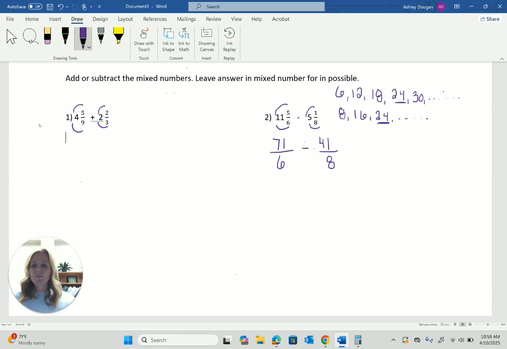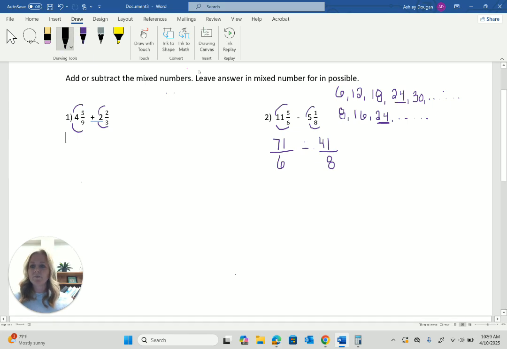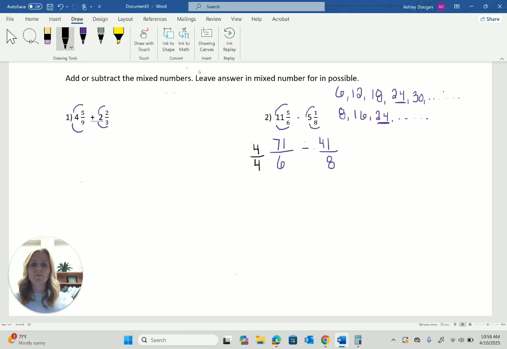I want this 6 right here to be a 24, so I'm thinking, what can I multiply 6 by that will give me 24? And that would be 4. So I need to multiply the top and the bottom by 4 to get my new fraction.